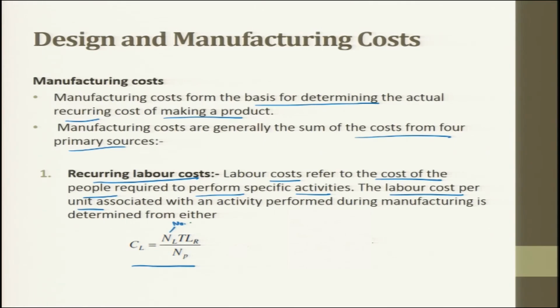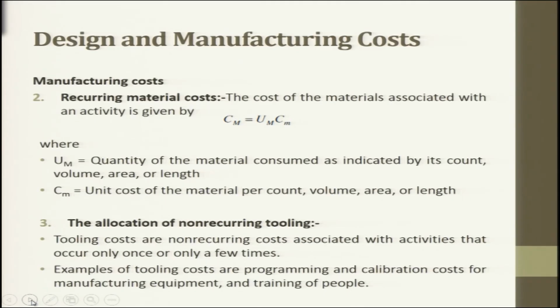NL is number of people, T is time as I said, and NP is the number of units that are produced here. LR is the labor rate. So, these are the components of the recurring labor cost. Recurring means variable.